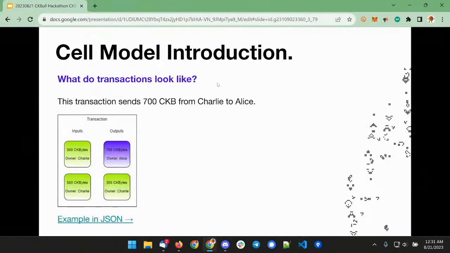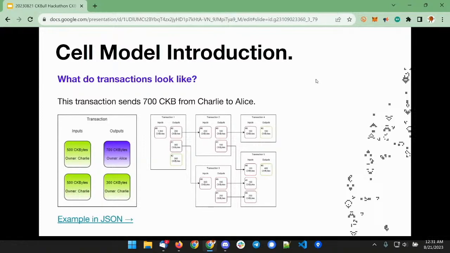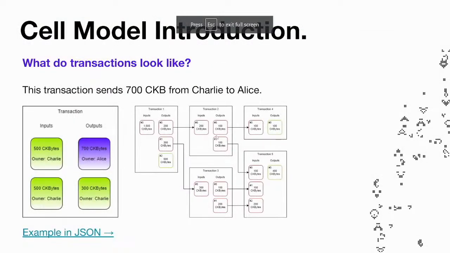So let's go back to the presentation. Looking at the right side graphic now, this helps illustrate again how CK bytes flow through a system and how cells go from live to dead. We started out with 1,000 CK bytes, and as we went to transaction 2, some of these outputs became inputs, and then they split the cells, and the output became the input in another transaction.